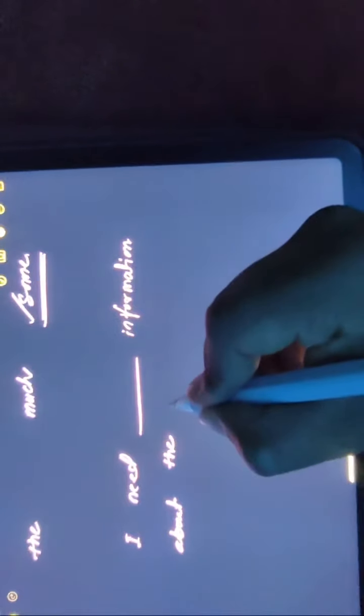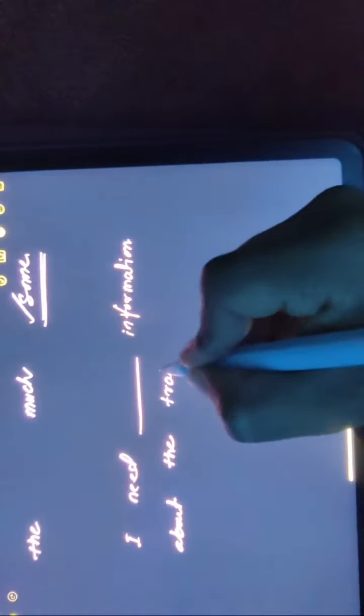Now the next one is: I need dash information about the train. I'm talking about a specific train.